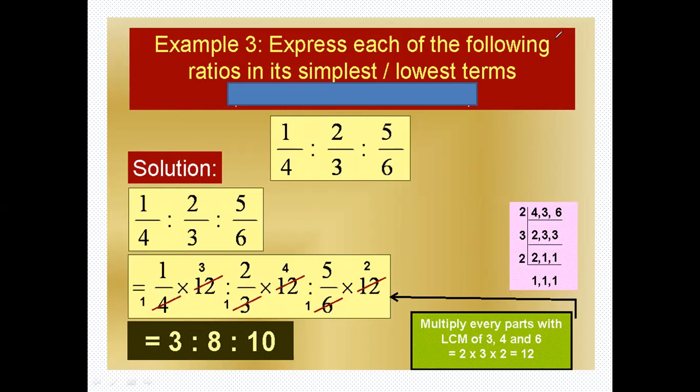So the LCM is 24 using the prime factorization method.